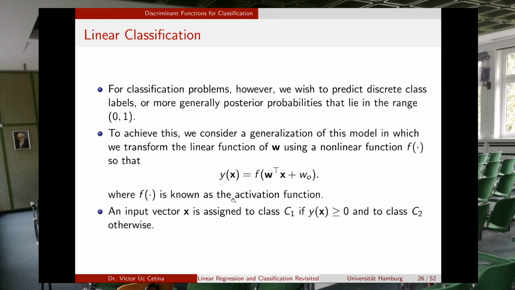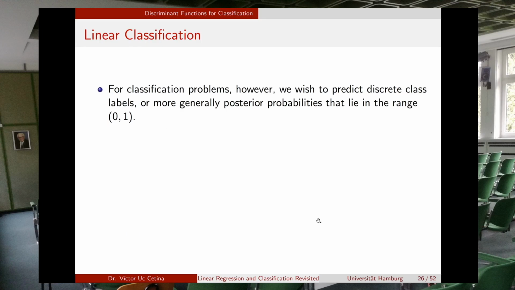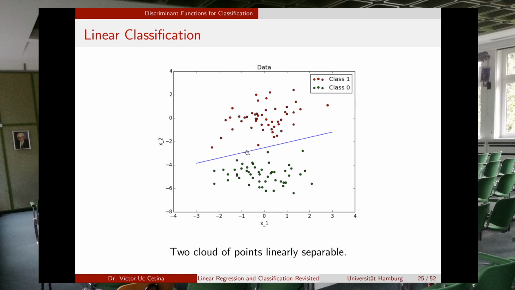An input vector x then is assigned to a class C1 if the evaluation of that input vector equals 0 or is larger than 0, and to class C2 otherwise. So let me go back to the plot of the points. This y of x in that example would be simply this blue line.